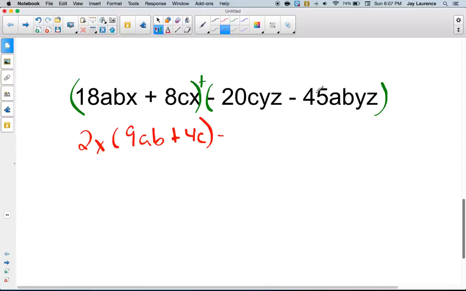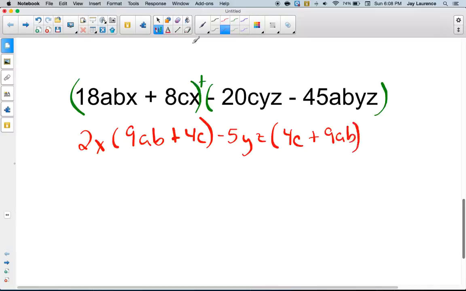All right. I'm going to pull out a 5, right? And I think I'm going to pull out a yz. A yz. Right? Okay, and so when I pull out the yz, the negative 5, I'm going to have a 4c plus 9ab.